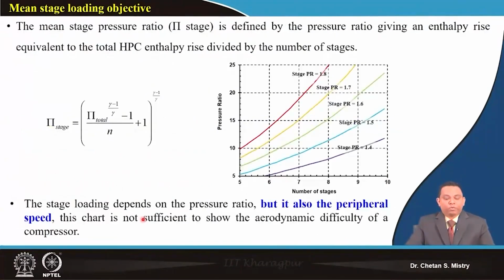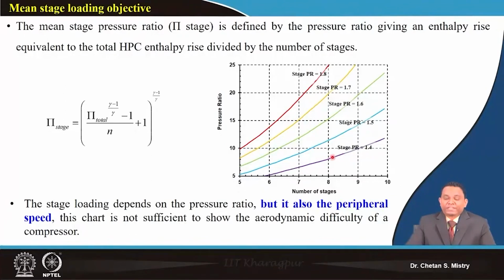Here, this correlates my total pressure ratio and stage pressure ratio based on the fundamental equation of efficiency. This represents my stage pressure ratio, which varies from 1.4 to 1.8, and this is my overall pressure ratio.